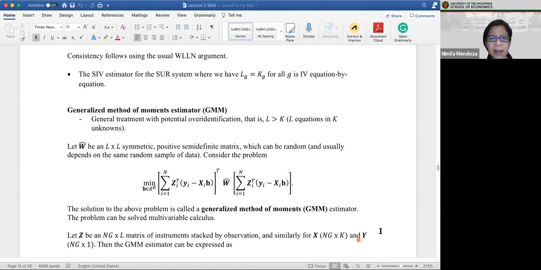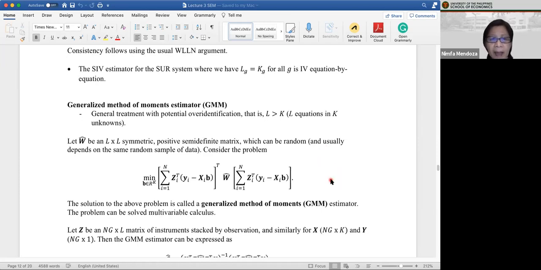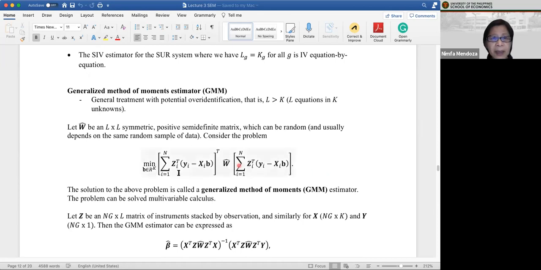Then we have the generalized method of moments estimator, which can be seen as the solution to this optimization problem.